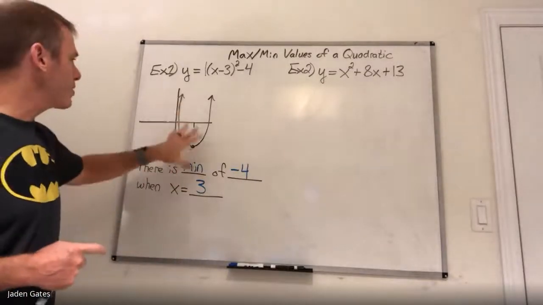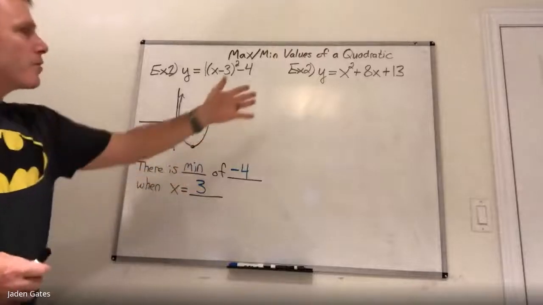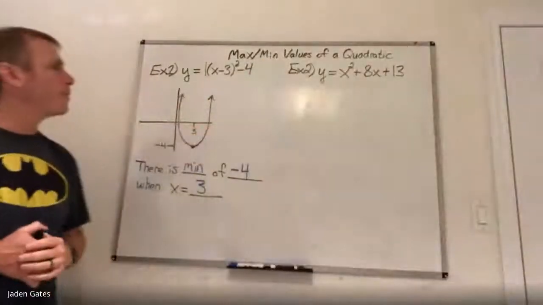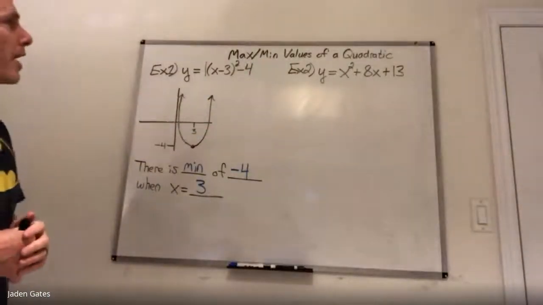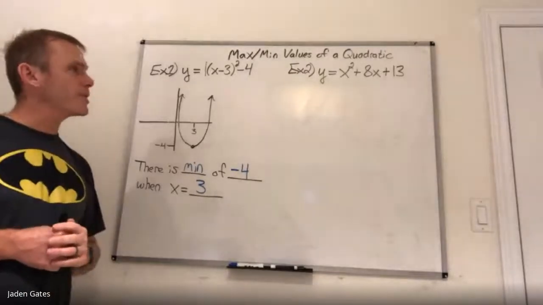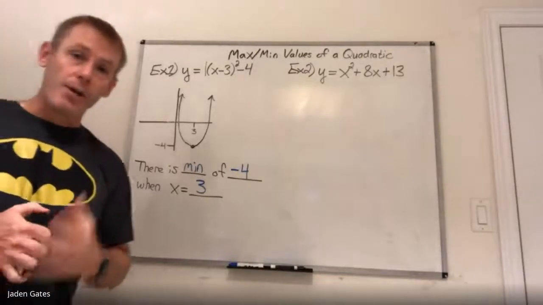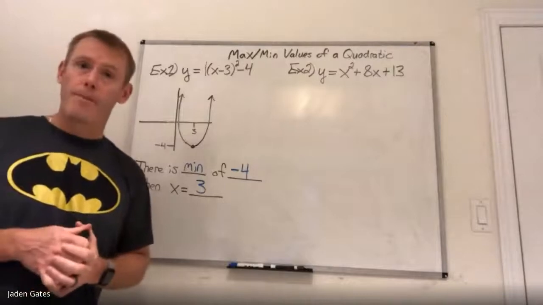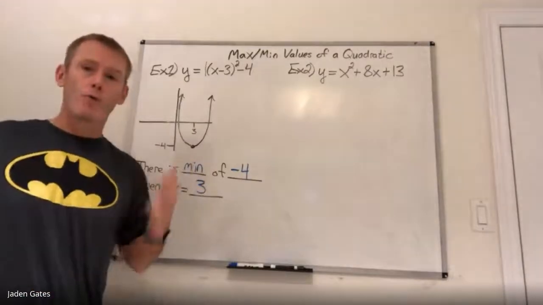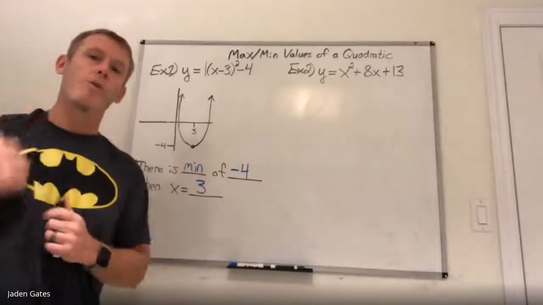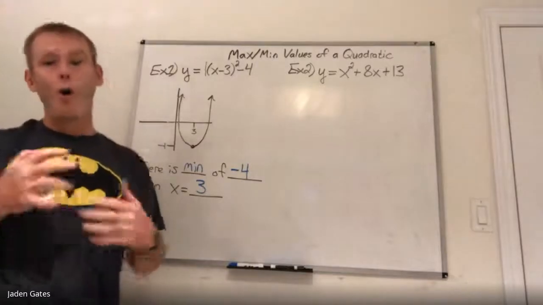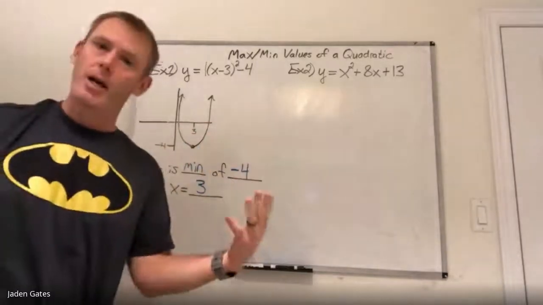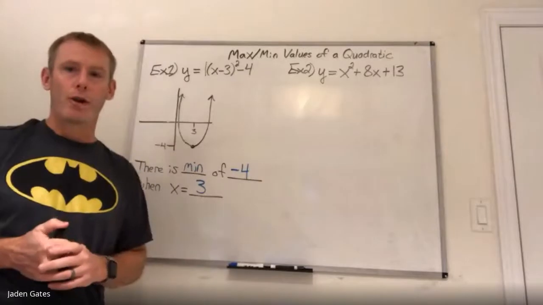Now, I wish it was that easy all the time here, but it's not. So now I move to my second example, where I have example 2. I have y equals x squared plus 8x plus 13. Now, this equation is in standard form. Bit of a problem because I don't know where the vertex is. So here's what we're going to do. We're going to do a process. Hopefully you learned in grade 10, but again, I have no idea what you learned in grade 10.